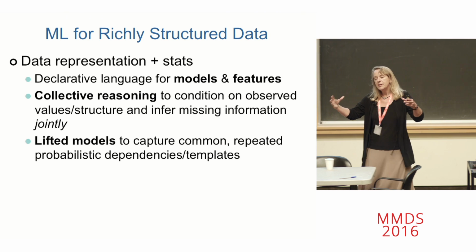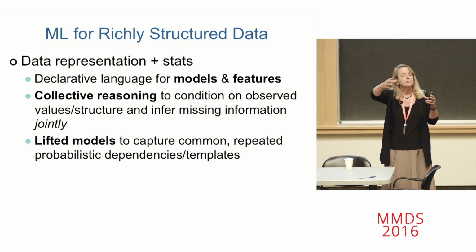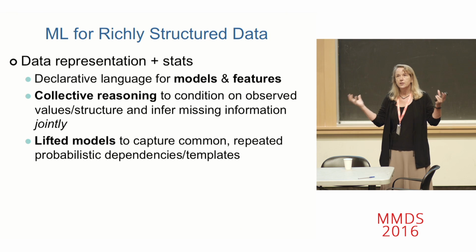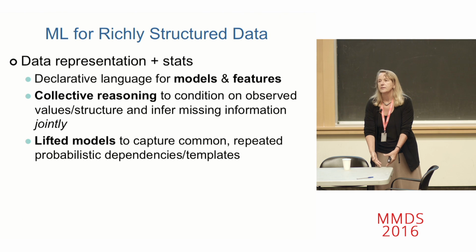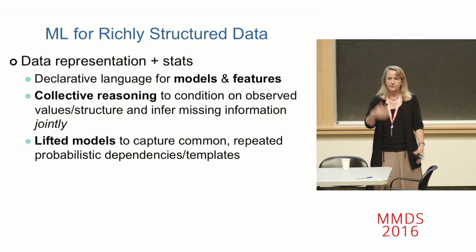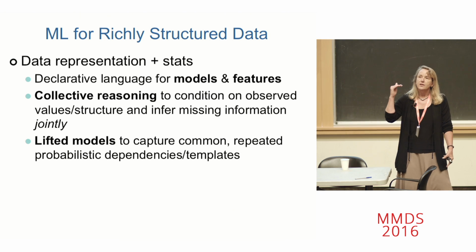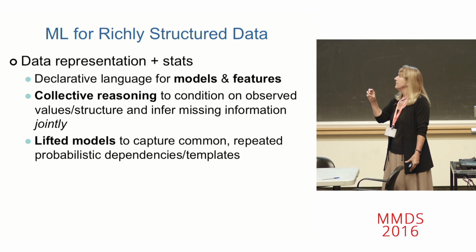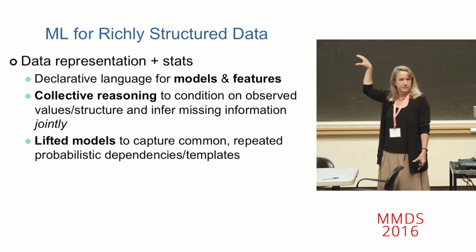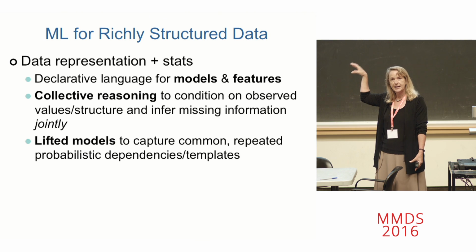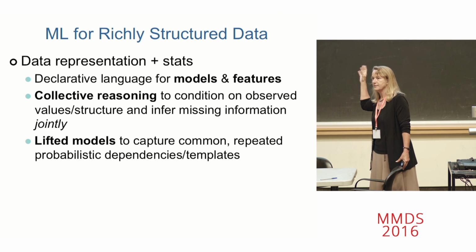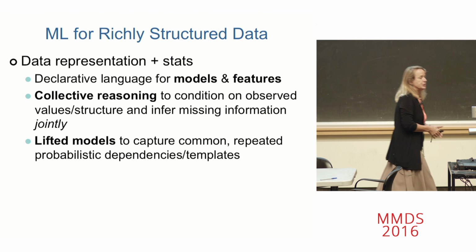Then being able to say, okay, I'm going to model dependencies, I'm going to make joint inferences, and then finally having a model that is generalizable in some way so that you have a template for the model. And I'm going to unpack these in a little bit, so if they don't mean anything to you right now, hopefully by the end of the talk they will mean something to you.